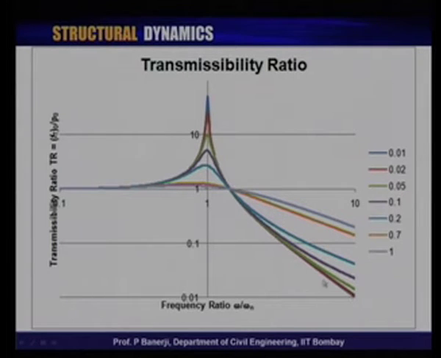So ideally speaking, what kind of a system would you like, to ensure that the load transferred from the structure to the foundation is as low as possible? It would imply that beta has to be large. What does beta large mean? Let us define it very carefully.